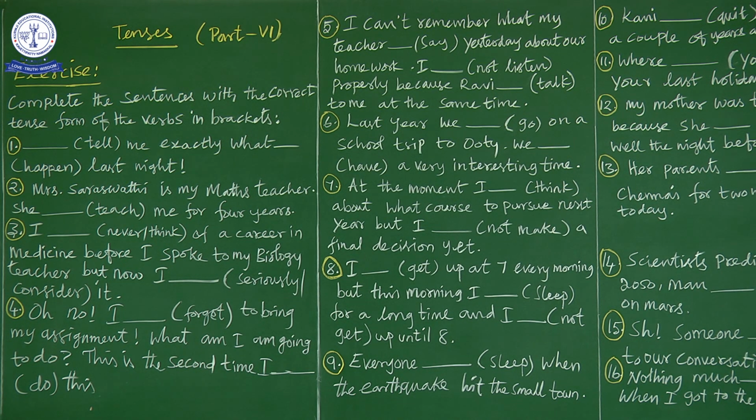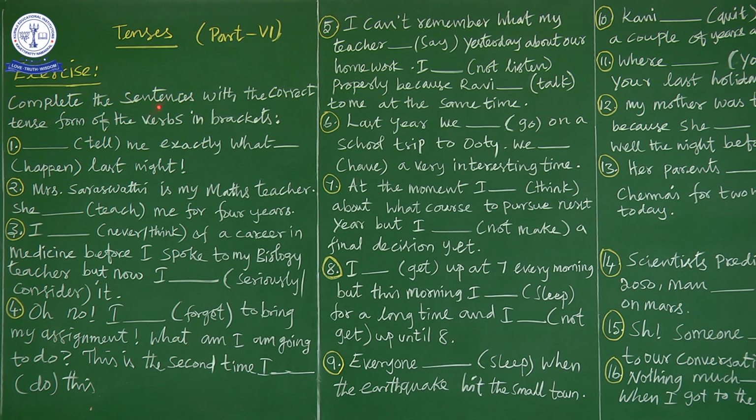It is like a revision plus exercise, like a discussion. Now when we go through one exercise, we will find out how we have to answer and how we have to find out the exact tense. That's what we are going to discuss now. Okay, now let's move on to the exercise.